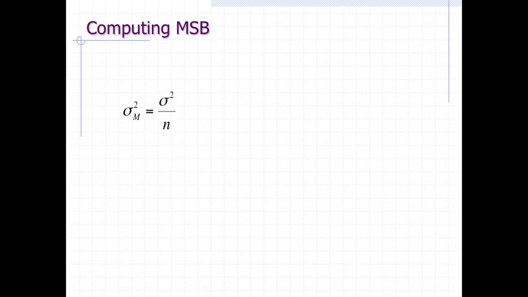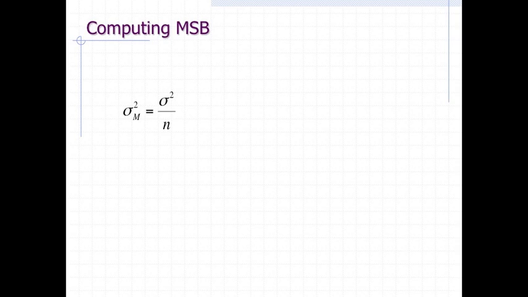The formula for MSB is based on the fact that the variance of the sampling distribution of the mean is sigma squared divided by n, where n is the sample size. Therefore, if we knew the variance of the sampling distribution of the mean, we could compute sigma squared by multiplying by n. Although we do not know the variance of the sampling distribution of the mean, we can estimate it with the variance of the sample means.